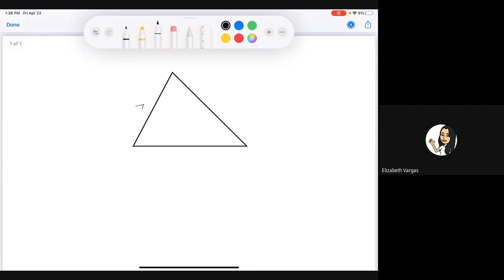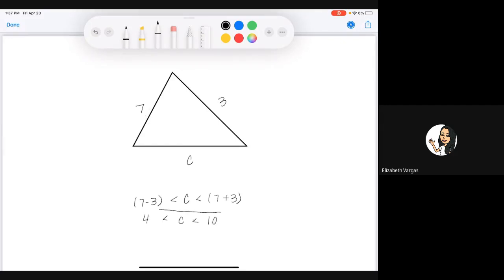So let's say this is 7, this is 3. What is this? C has to be less than the sum of my two sides, but it has to be greater than the difference between my two sides. So 4, 10.